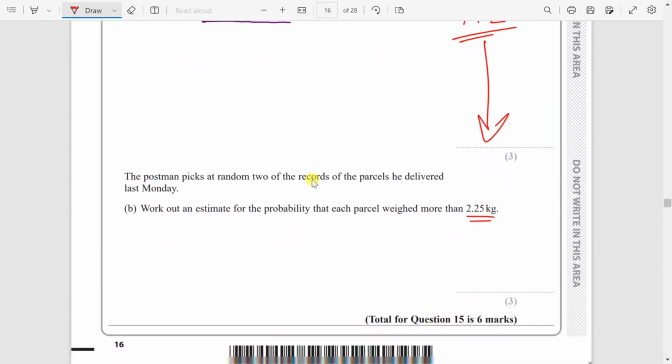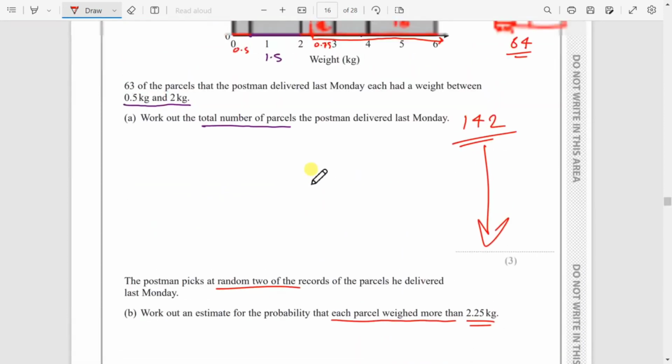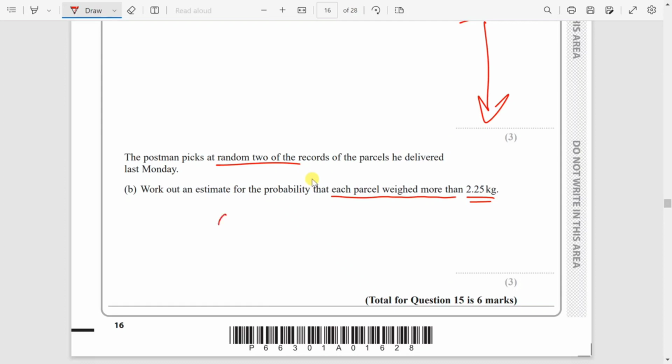So let's go back to the question, yeah? He picks at random 2 of the parcels, right? Work out an estimate that each parcel weighed more than 2.25. For the first parcel, it was 64 out of 142, because that's parcel 1. Now how about parcel 2? Because he's delivered 1 parcel already, there must only be 63 left that's bigger than 2.25. And of course, 141 parcels left.